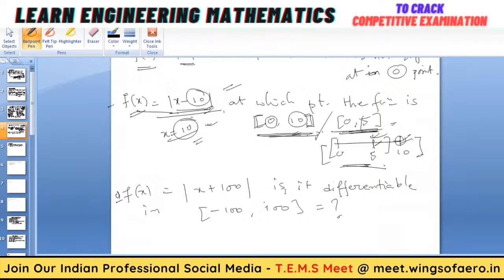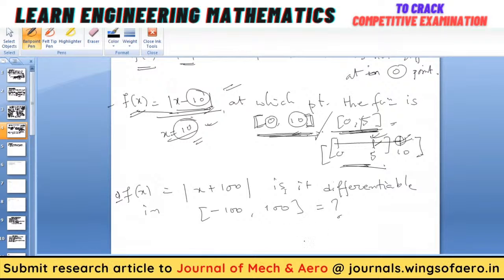Is this function mod of x plus 100 differentiable in the interval minus 100 comma 100?